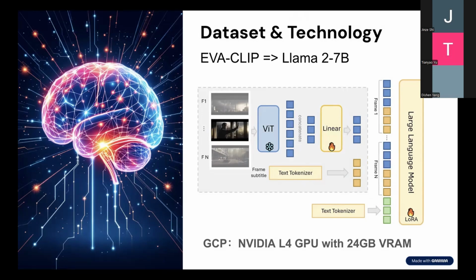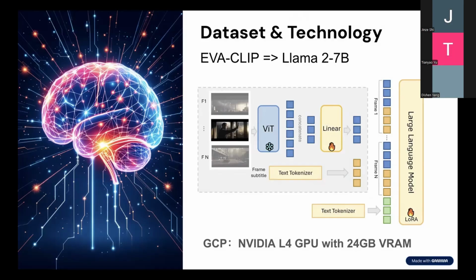This resource-constrained environment forces us to apply useful strategies. Most of the parameters in Llama 2 and all of the parameters in EVA-CLIP are kept frozen. We also compress every four consecutive tokens into a single richer token.